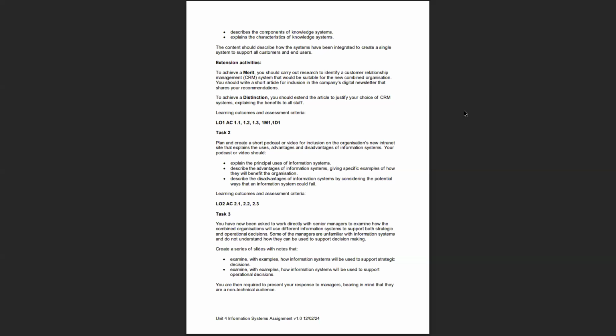So you will have to create a series of slides with notes that examine, with examples, how information systems will be used to support strategic decisions, and examine, with examples, how information systems will be used to support operational decisions. You are then required to present your response to managers. Bear in mind that they are not technical. They are a non-technical audience.